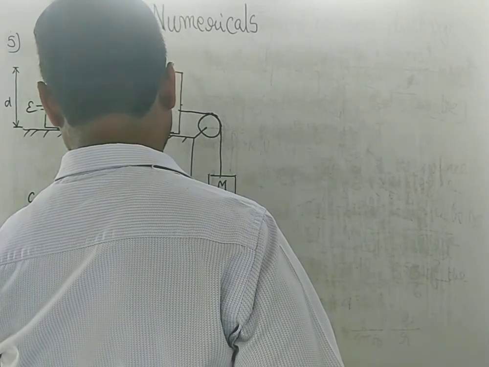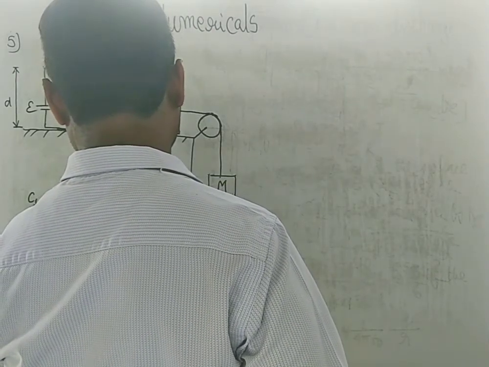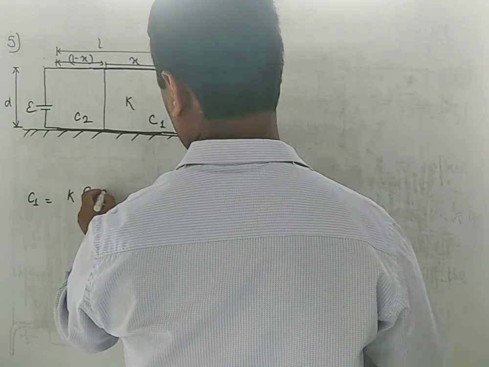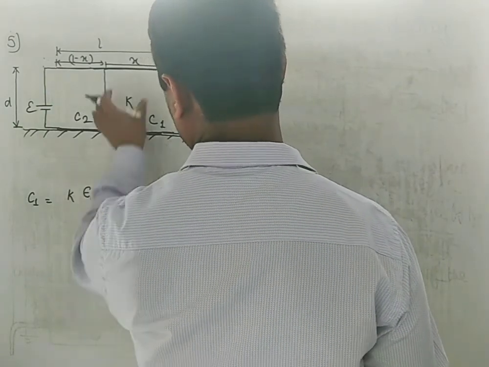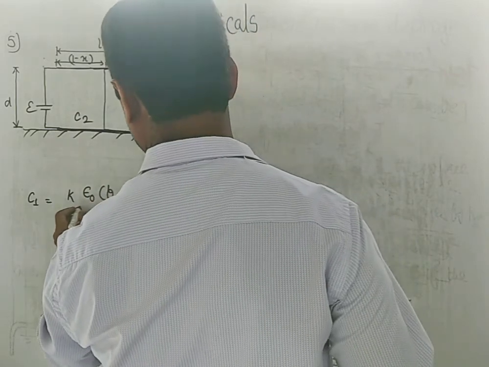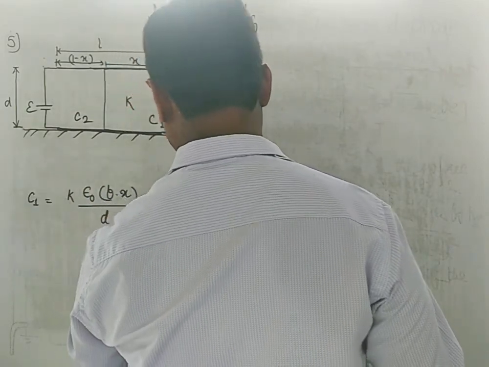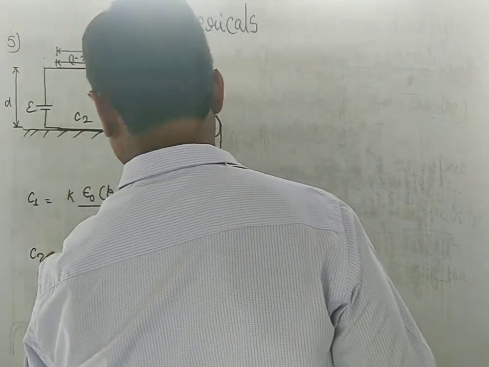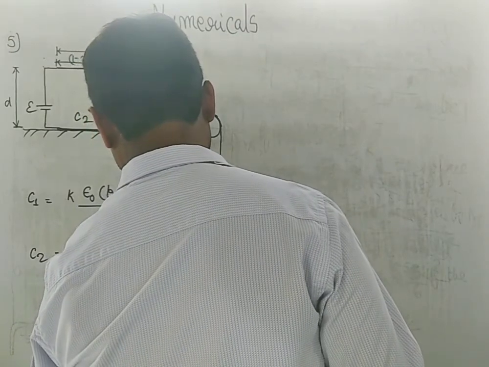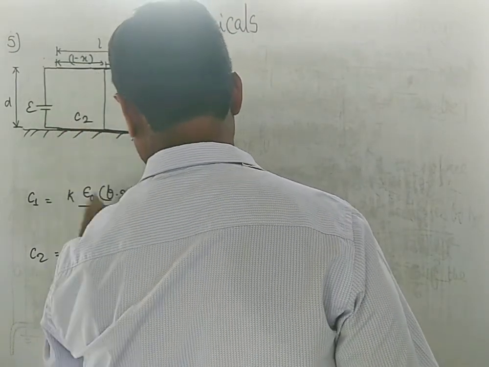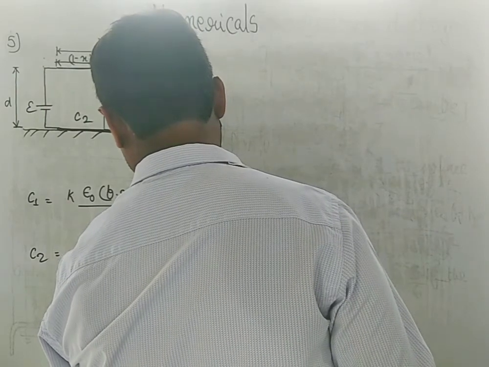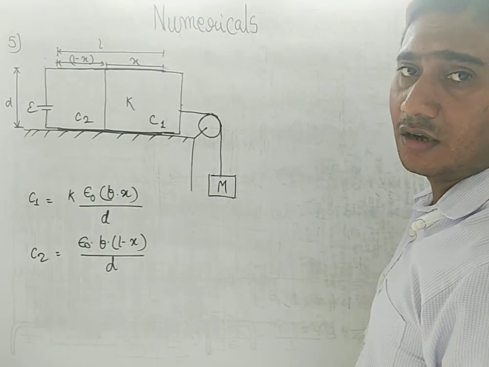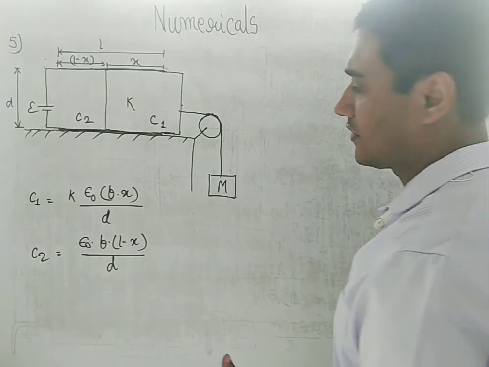This will be K times epsilon naught A by D, where A is the plate area, the width of the plate given in the question into the distance moved x, and D is the separation. For C2 we can write epsilon naught into area b into (L minus x) upon the separation D. As they are both connected in parallel, we can calculate the equivalent capacitance.